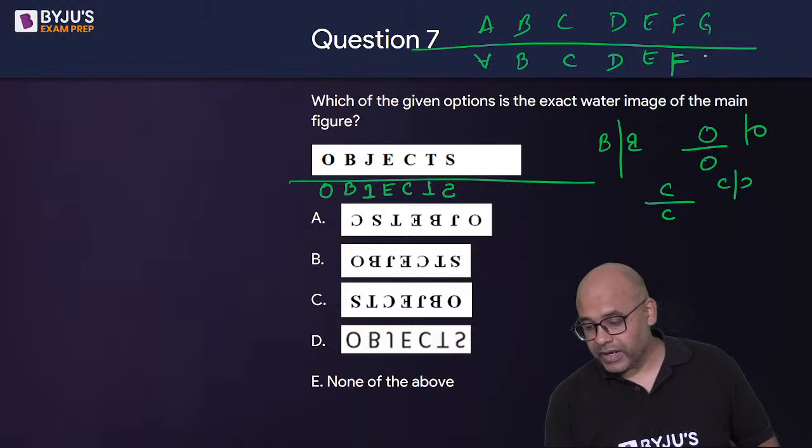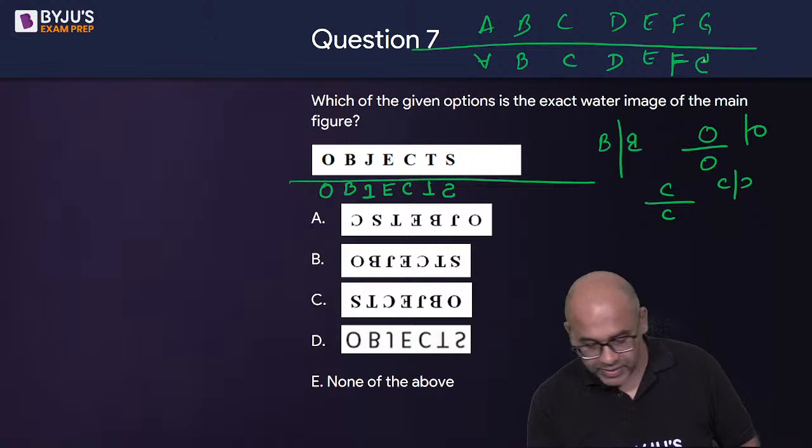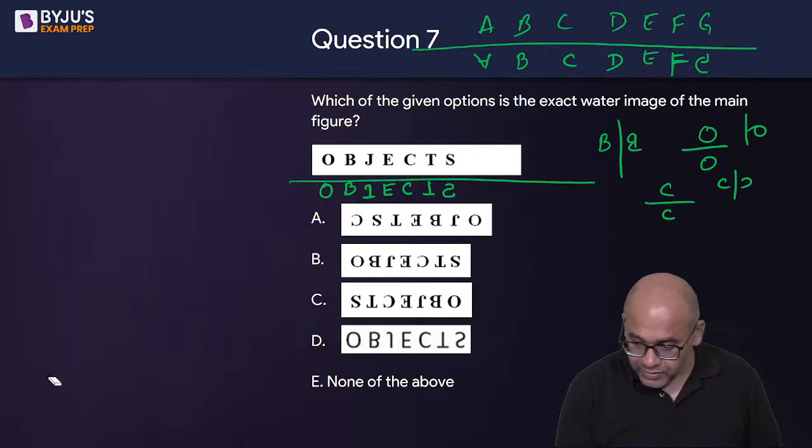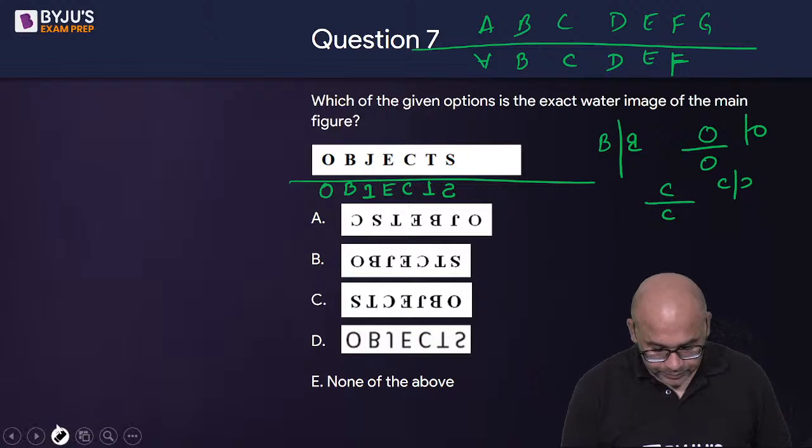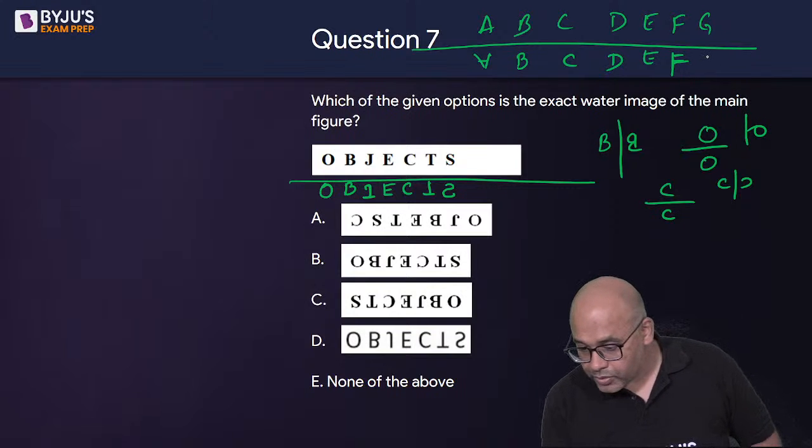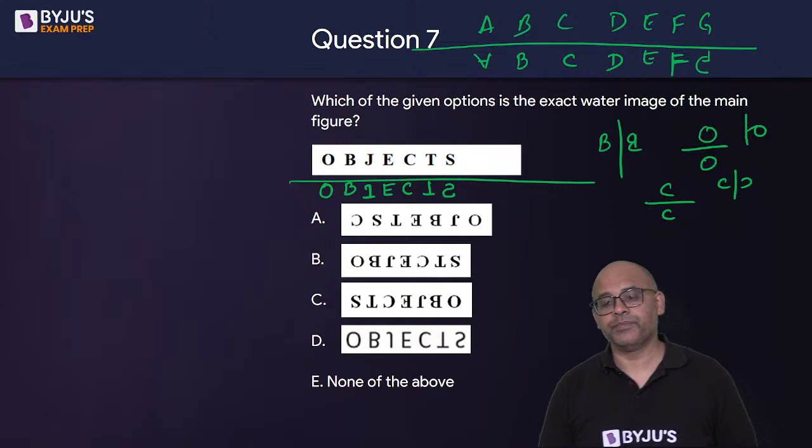G again will be in the same way. I think I messed it up. Let me write G properly. Yes, G will be like this, and so on and so forth.